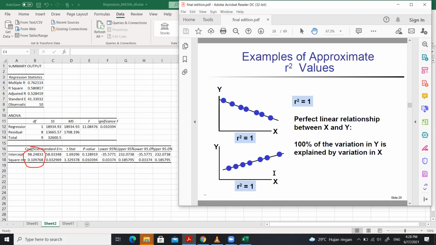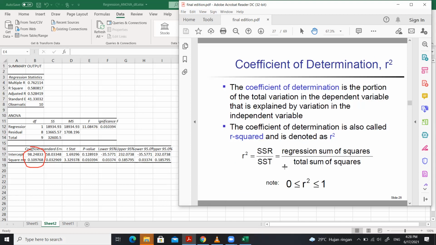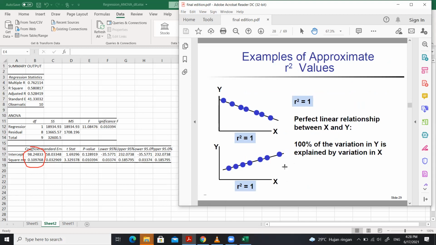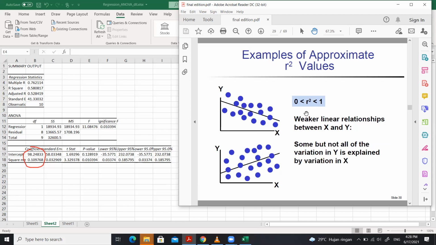In a very simple definition, the coefficient of determination represents the relationship between x and y. So the condition will be that there is a relationship, or there is no relationship, something like this. And the value of the coefficient of determination is between 0 and 1.